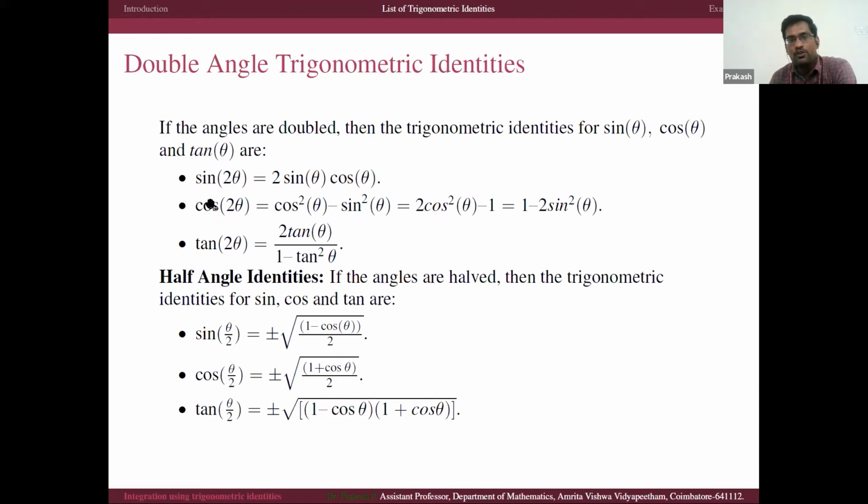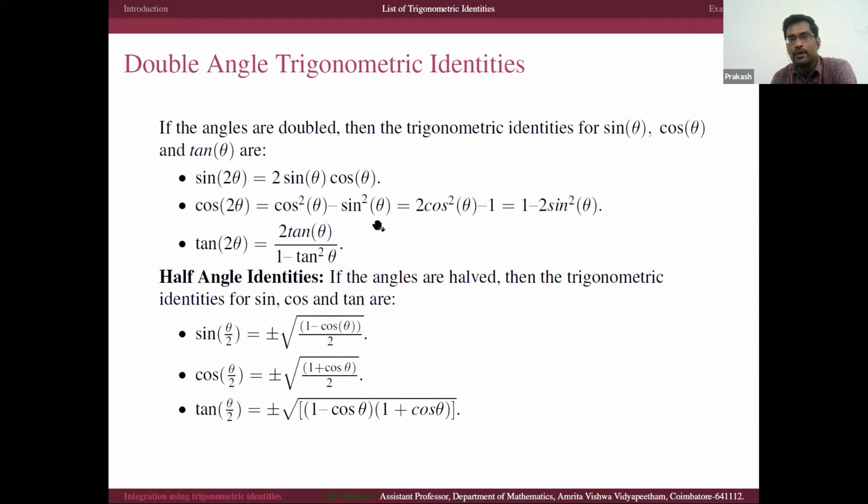But cos 2 theta is nothing but cos square theta minus sine square theta. We know what cos square theta is, so we can write in this form, or otherwise in this form. But mainly we need to know this formula.